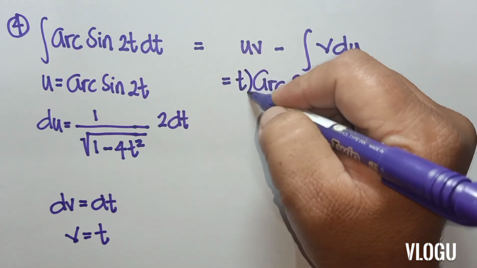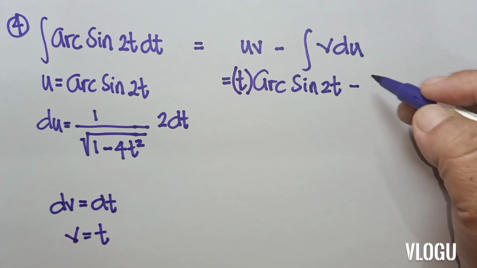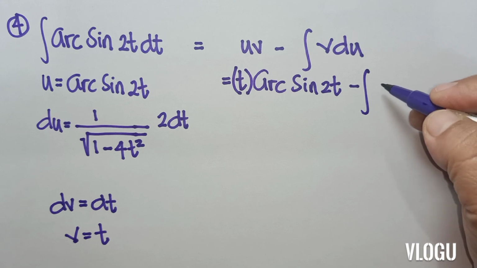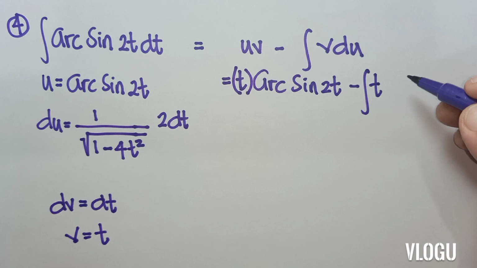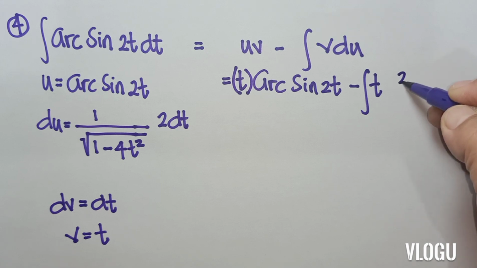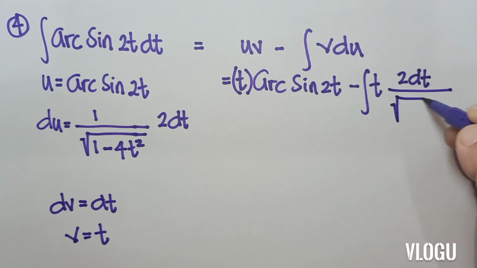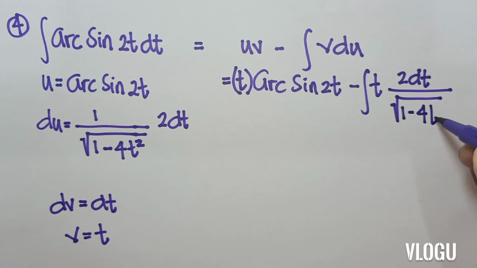So we will have t arc sine 2t, and then minus the integral of v, that is t, du, that is 2 dt over the square root of 1 minus 4t squared.